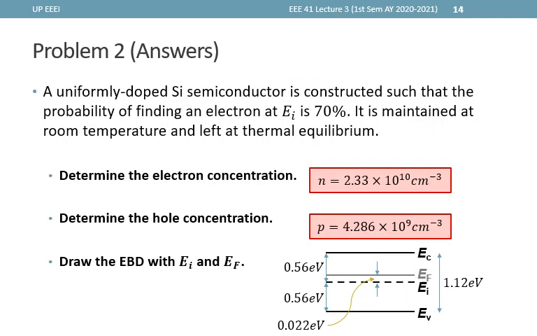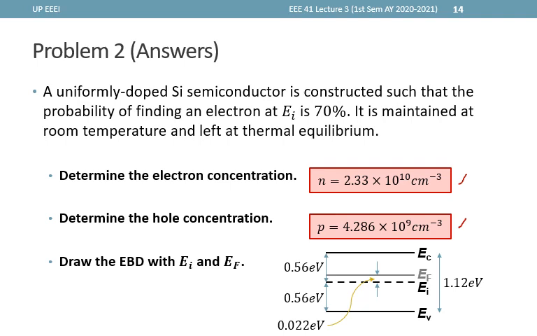And with that, we have actually completed problem 2. We have already solved n using n is equal to ni e raised to (EF minus EI) over kT. Then we solved p quickly using the law of mass action, and then using the values for either n or p, we can compute EF minus EI or EI minus EF.